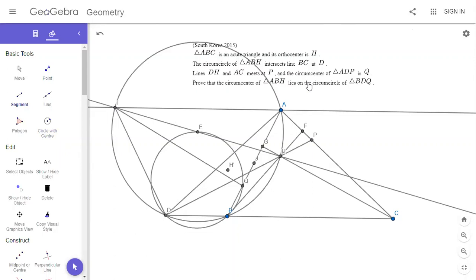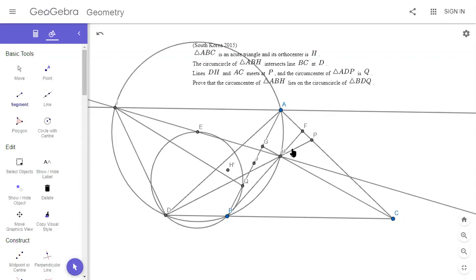Okay. So QA equals QD. Can we use an angle chase to show that those are also equal to QP? I think this might be chaseable.